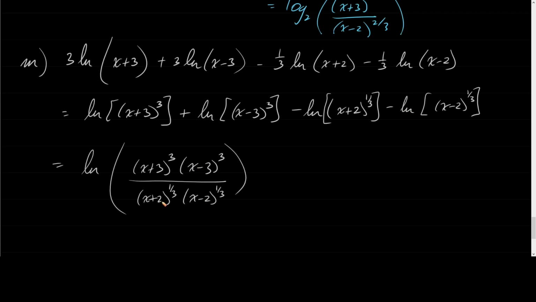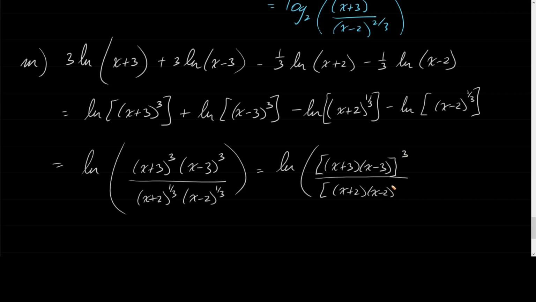Next thing I can do here is, well, I see both numerators have the same exponent, both denominators have the same exponent, so I can write this as ln of [(x plus 3) times (x minus 3)] to the 3rd over [(x plus 2) times (x minus 2)], and all of that to the 1/3. Not 1/2, 1/3.